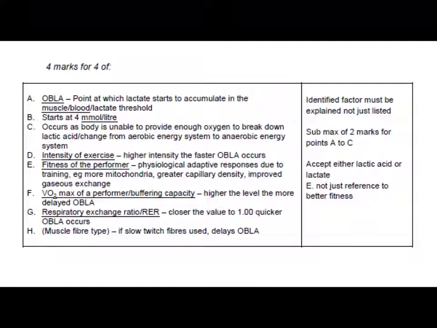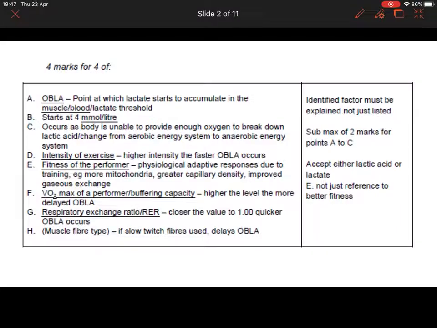So there's essentially two sections to this mark scheme. If we focus on points A to C to start with, okay, if we were looking at an extended response, A, B and C would be AO1, would be knowledge marks, but for the basis of this question, you would actually get credit for this.